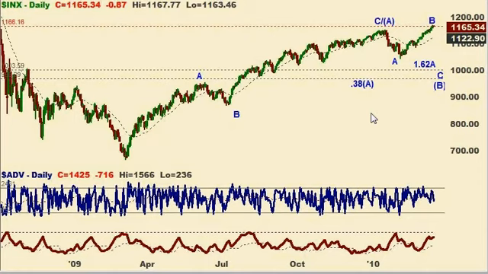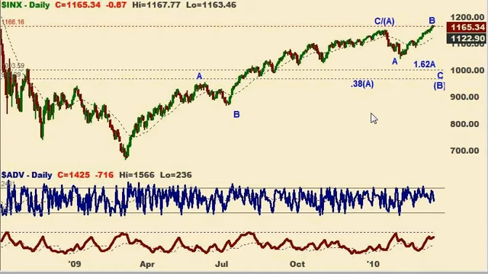These are approximate ballpark figures, but that gives us a range, somewhere between, say, the 960 and 1,040 area, where we'd expect C to terminate if indeed this is an ABC decline correcting that A wave rally up to the January peak.